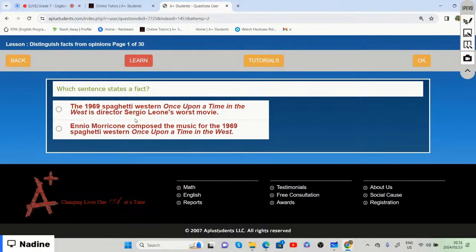Or is it Ennio Morricone composed the music for the 1969 spaghetti western Once Upon a Time in the West? So we need to basically just state facts, right?